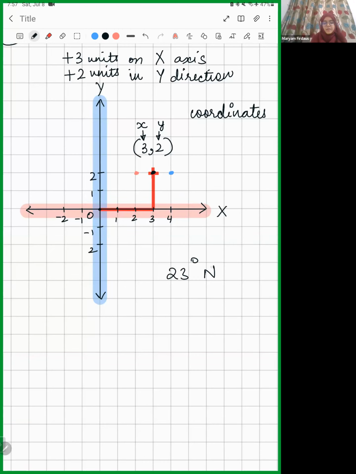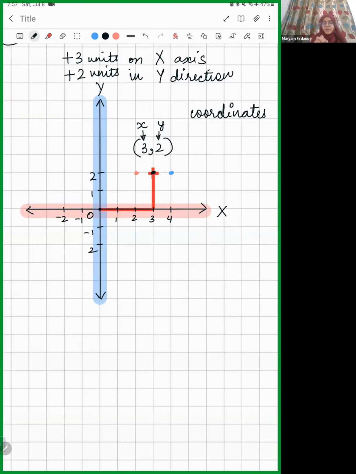This north basically means the y direction, the y axis, right? And let's say 47 degrees east. So if you are somewhere over here, then it will be 23 degrees north, 47 degrees east. If you have to go west, you'll be in this area. Are you getting it? So we use coordinates even in geography.